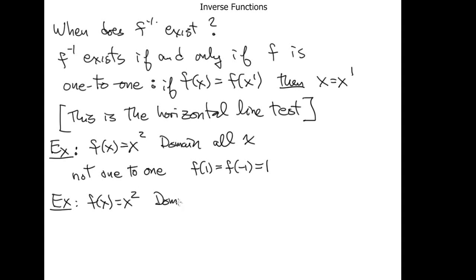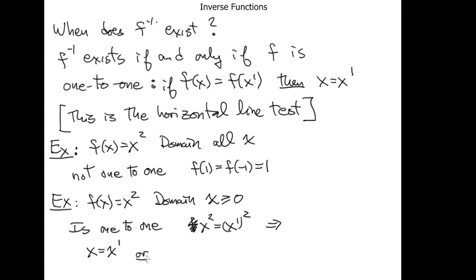On the other hand, if you restricted the domain to x being greater than or equal to 0, then it is 1 to 1. If two positive numbers have the same square, then they're the same. If x squared is equal to x prime squared, then x is equal to x prime or x is equal to minus x prime. But if they're both positive, the second case is ruled out, so they must be equal.